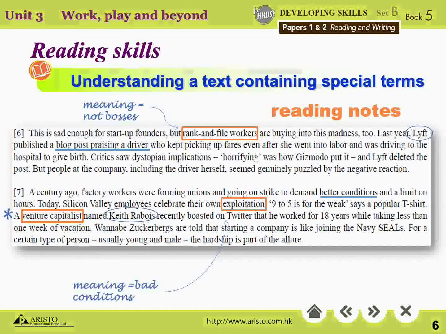Here's another example. Exploitation is an unfamiliar term. We can see a contextual clue in the previous sentence, that in the past, workers went on strike to secure better conditions. From this clue, we can infer that exploitation probably means bad conditions.